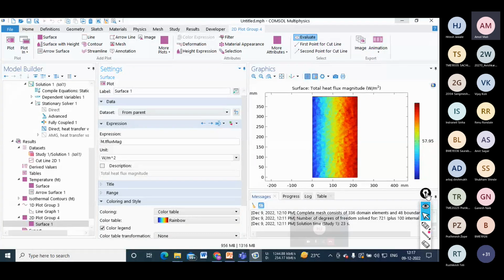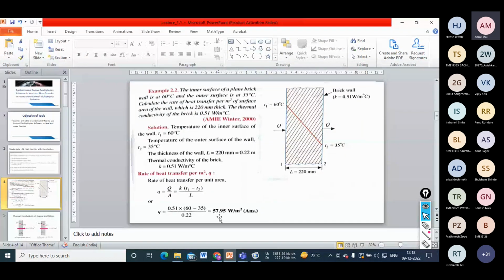Here you see the results: 57.95 watt per meter square, that much total heat flux is present here. The lower blue color indicates that lower heat flux is present on the left hand side, and on the right hand side you get the maximum heat flux. Okay, whether it is correct, we will check.